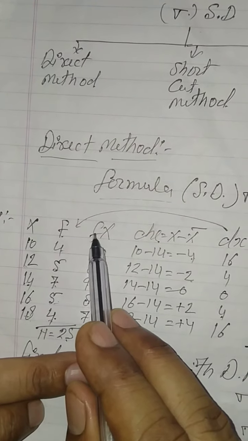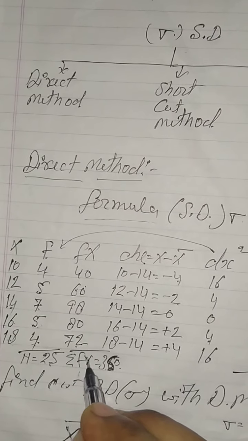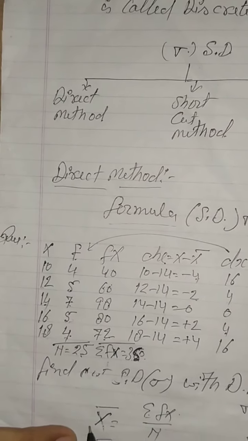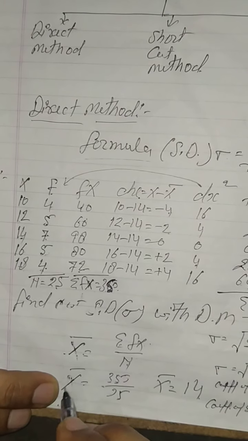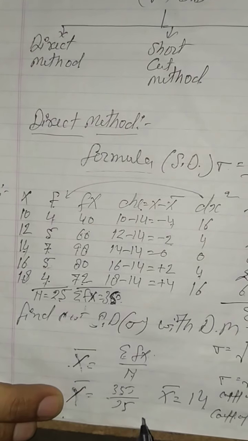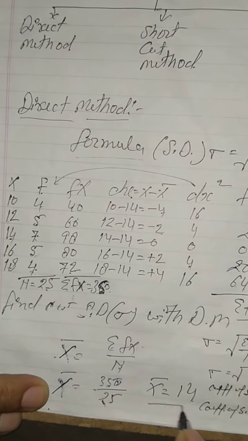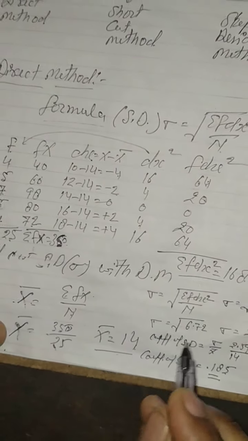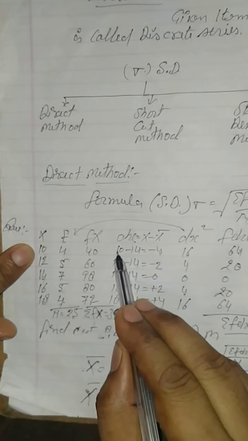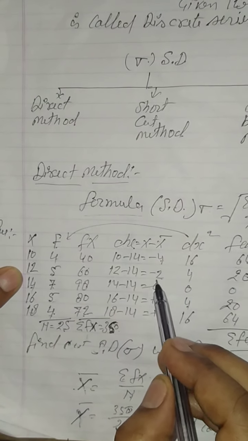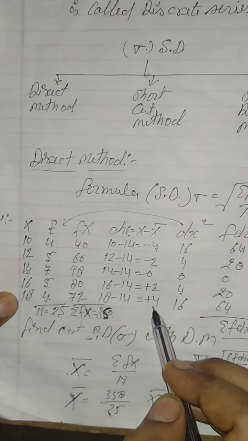After that, add fx, that's 350. Then apply the formula of mean: x bar is equal to summation fx divided by n, 350 divided by 25. So the mean is 14. After that, take deviation dx, x minus x bar: minus 4, minus 2, 0, plus 2, plus 4.